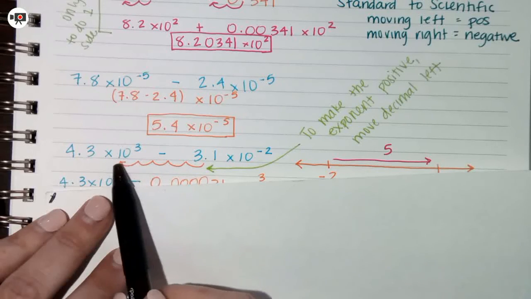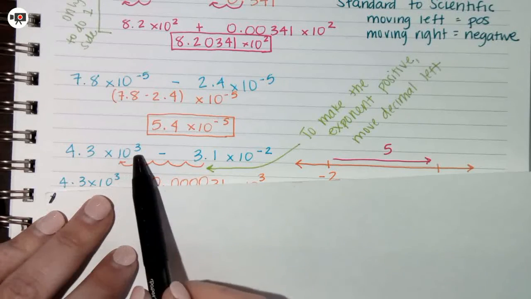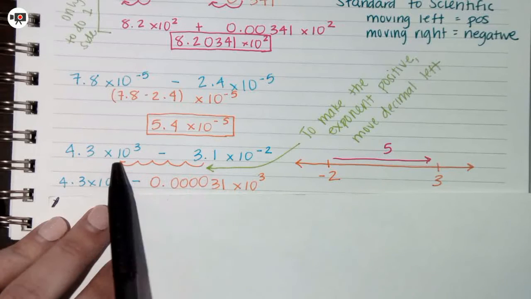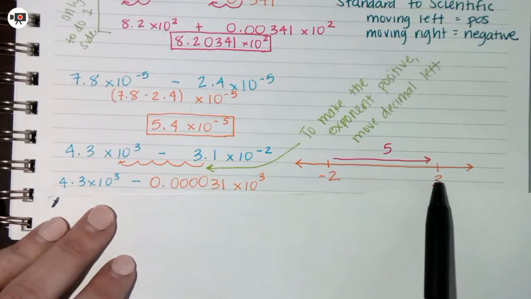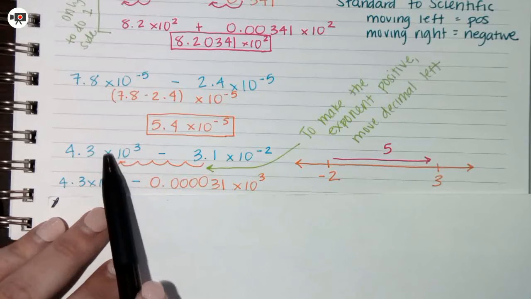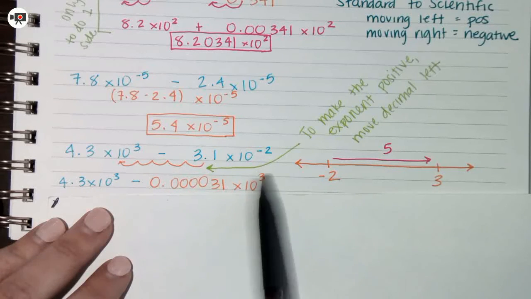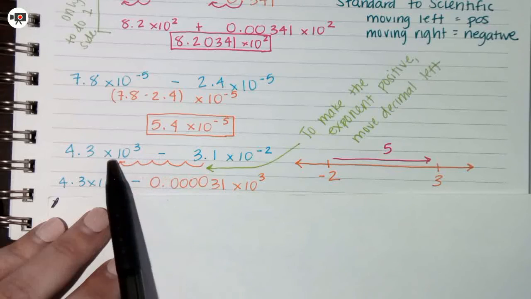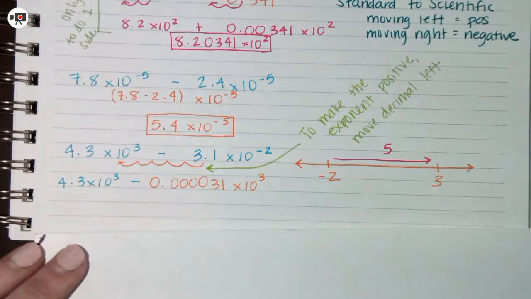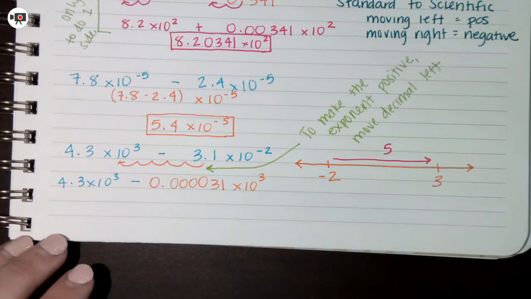So this is how many times I'm going to move it and end with a positive exponent on my 10. That is moving it 5 times. The difference between a negative 2 and a positive 3 is 5. So I move it 5 times, and I end with a positive 3. Fill in all of these empty spaces with zeros. Now, if I were to subtract those, I would get an answer.